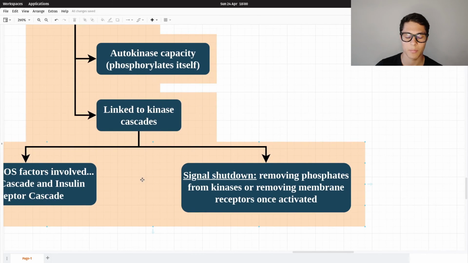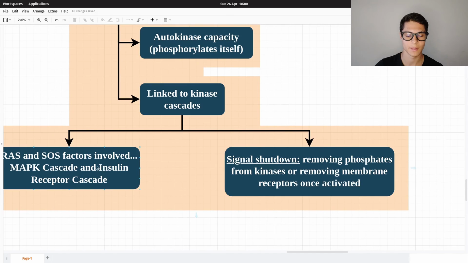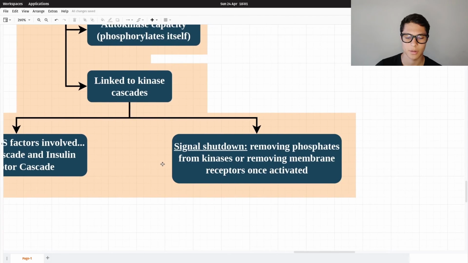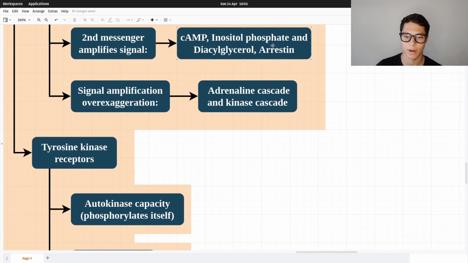And imagine how bad that can be, because if we have insulin present and we start creating insulin receptors and everything is fine, but then we don't need them anymore and we keep creating them, that's not good. So we need to stop them, and there are some mechanisms of signal shutdown. For example, with the arrestin.